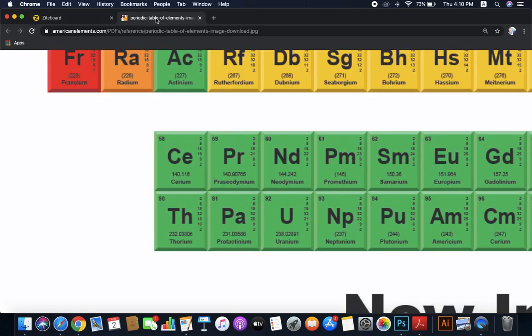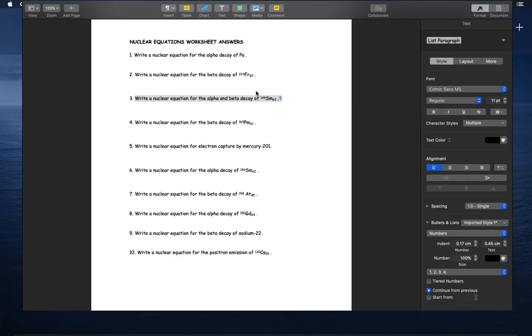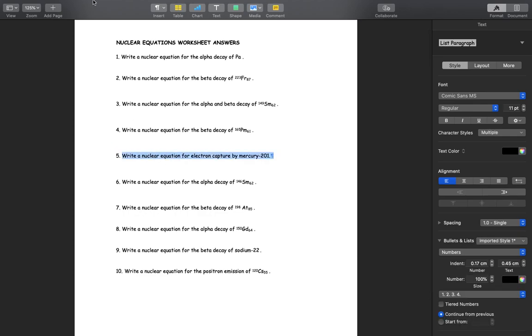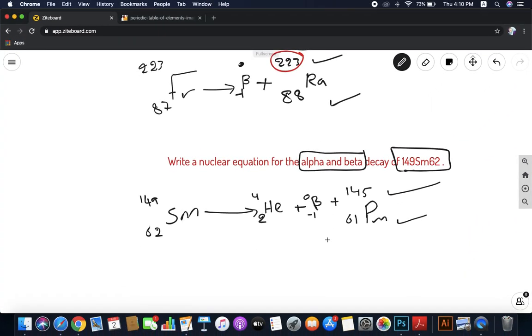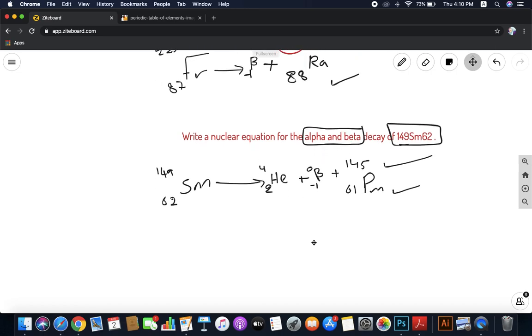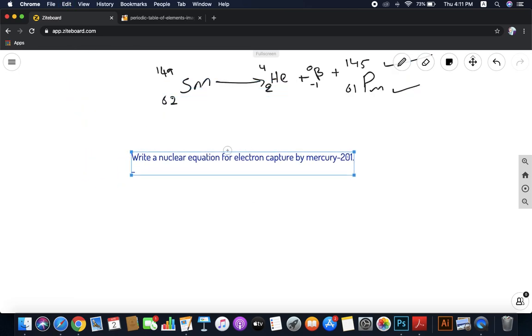Now let's do another question. Let's do an electron capture question. Write a nuclear equation for an electron capture by mercury 201.